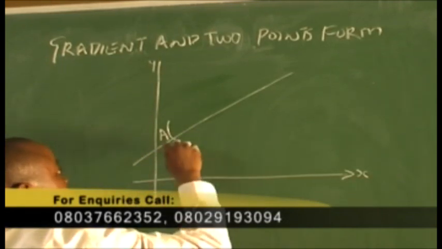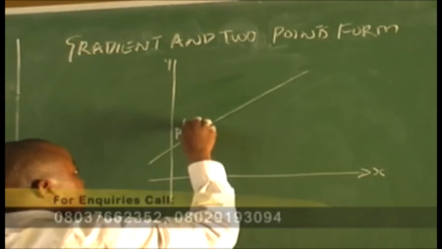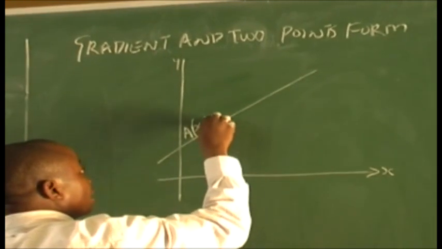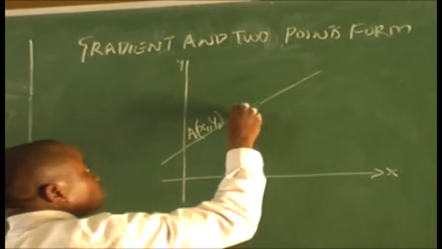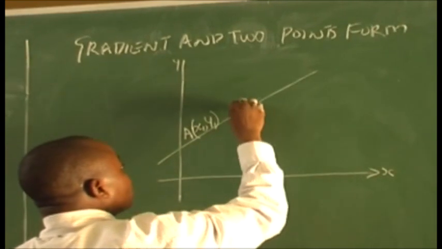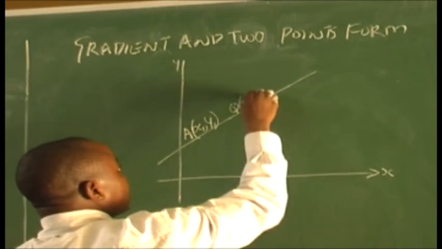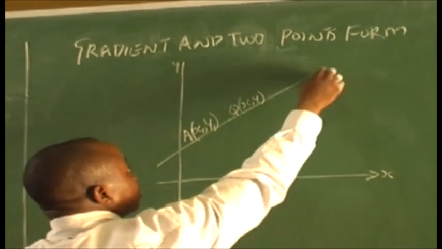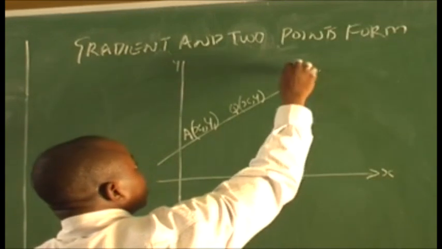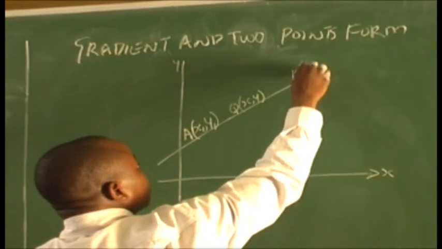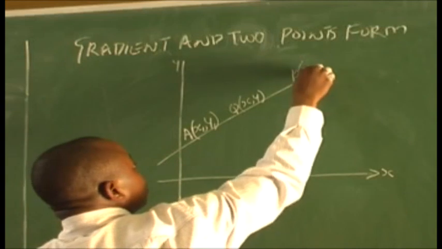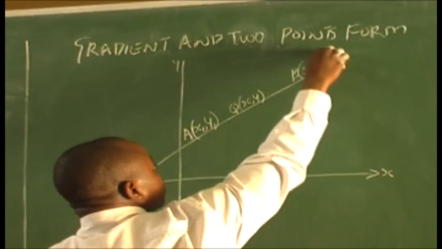This point is x1, that's coordinate x1 and y1. So we have another point. We take a variable point, maybe point Q, which is x and y. There is another point again, call this one point B, which has x2 and y2.